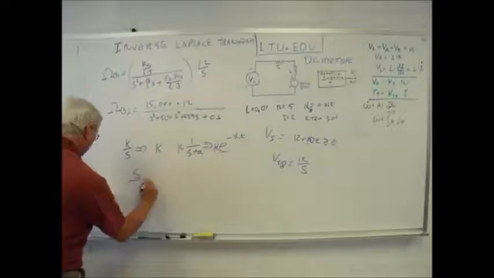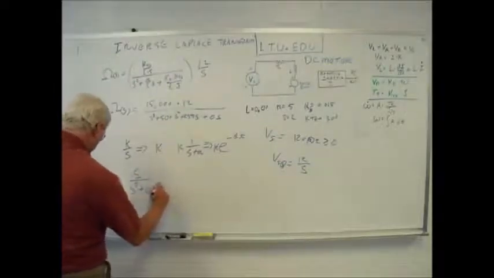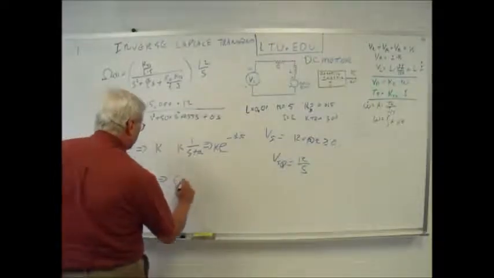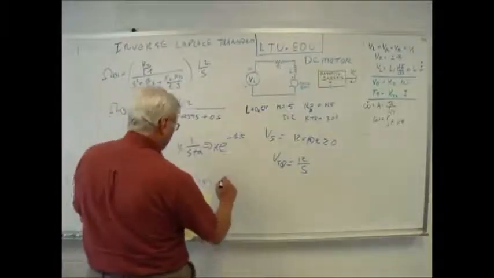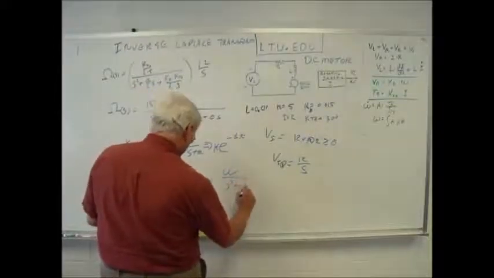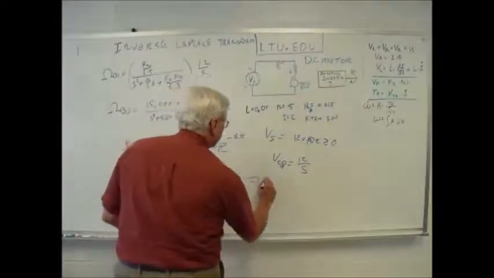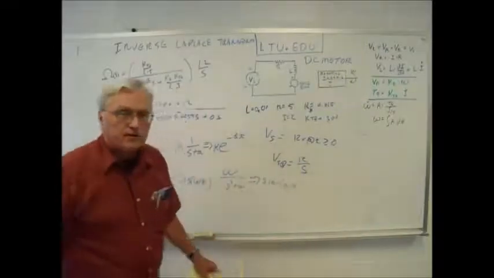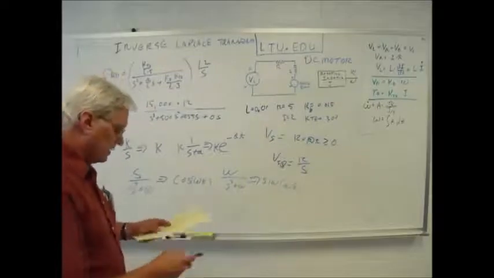S over s squared plus omega squared gives us cosine omega t. Omega over s squared plus omega squared leads us off to sine omega t. And these are just the things that you find typically at the front of a Laplace transform table.